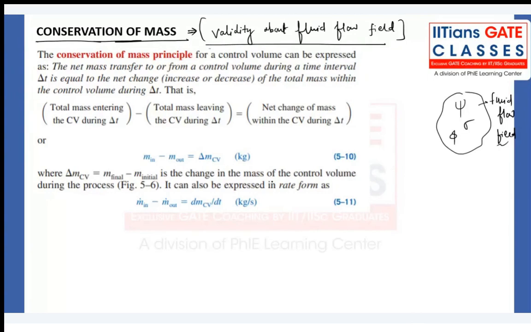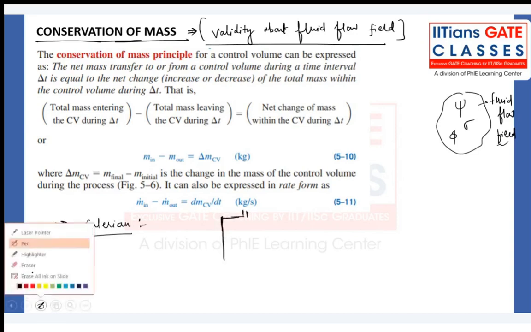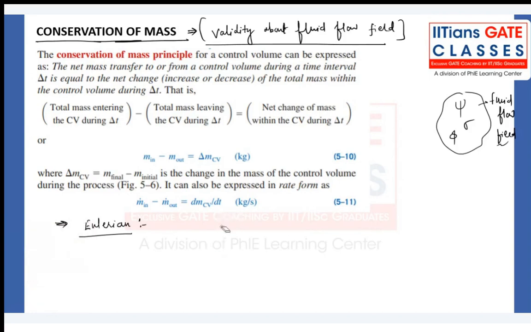Now, what it tells you: suppose we have a control volume. If you are following the Eulerian approach, based on Eulerian, what is it? Tell me, guys. Eulerian says you have to consider one control volume. Let me discuss it on the next page.